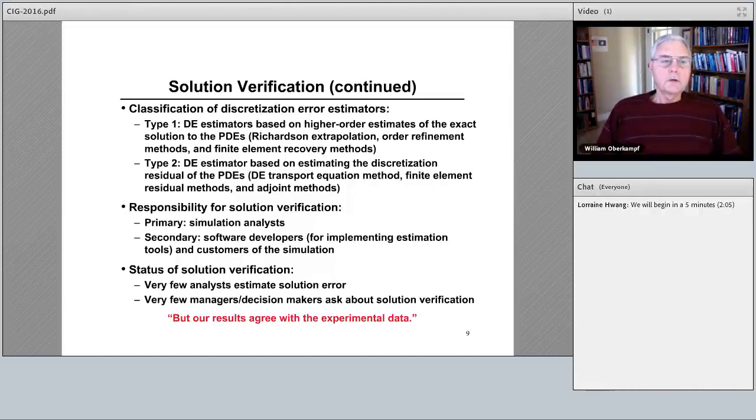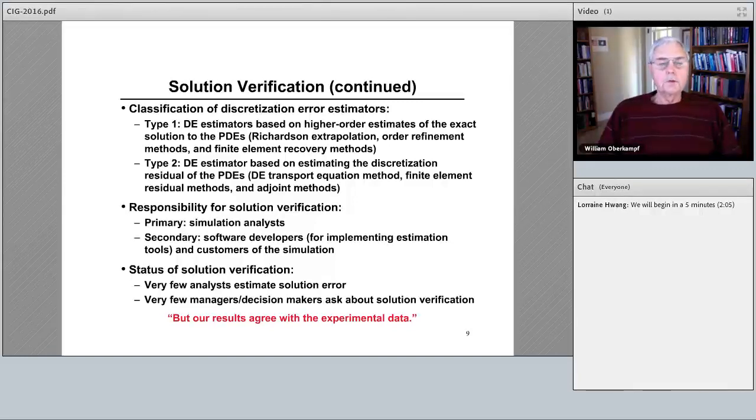In solution verification, there are two general classes of discretization error estimators. Of course, these are in discretizing time and space primarily, but certain problems you would also discretize, for example, energy levels, or you would have, let's say, frequencies. Discretization error estimators of type 1 are based on higher order estimates of the exact solution of the PDEs.